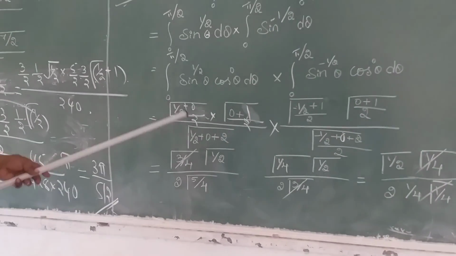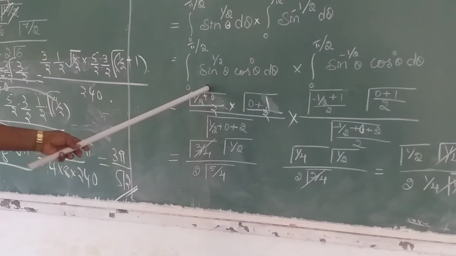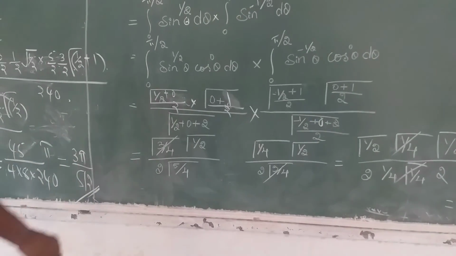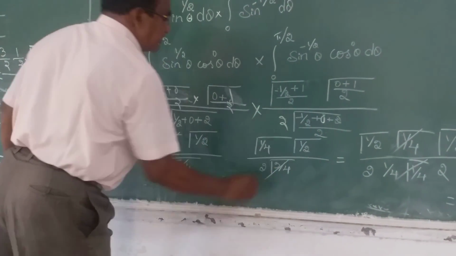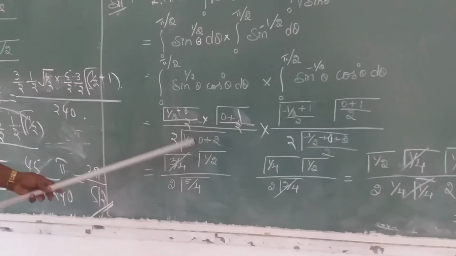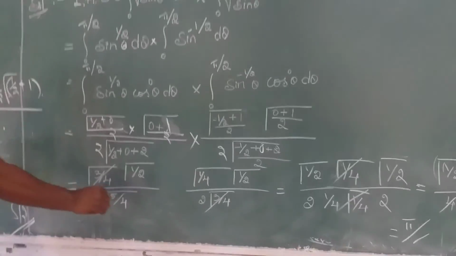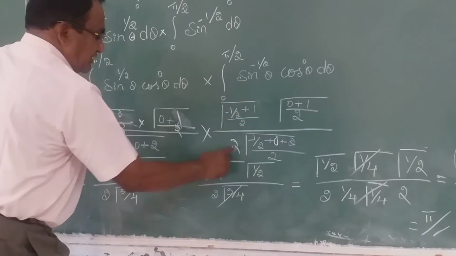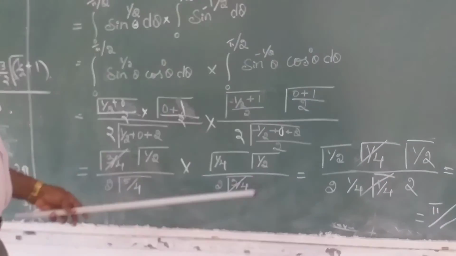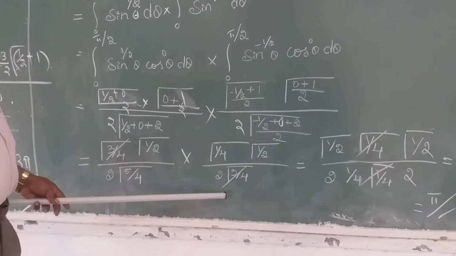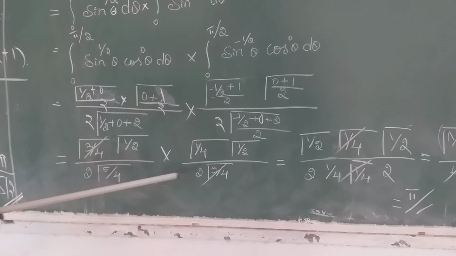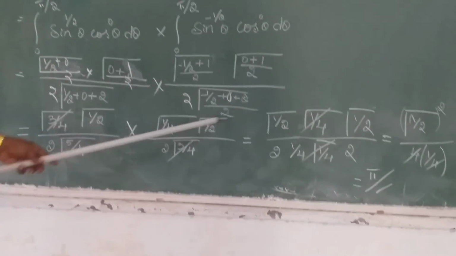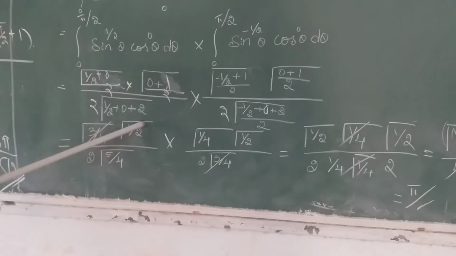Simplifying this we get gamma 3 by 4 over gamma 5 by 4, with the 2s cancelling. Similarly, this one is gamma of (half plus 1) divided by 2, which is gamma 1 by 4, into gamma half, divided by 2 times gamma 3 by 4. This is equal to gamma half as it is, into gamma 1 by 4, into gamma half whole square.